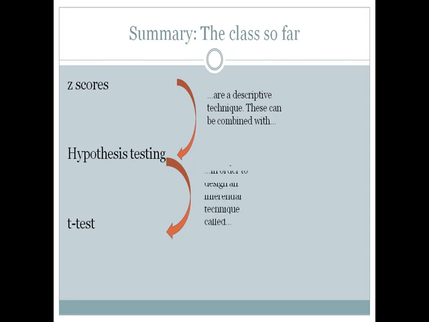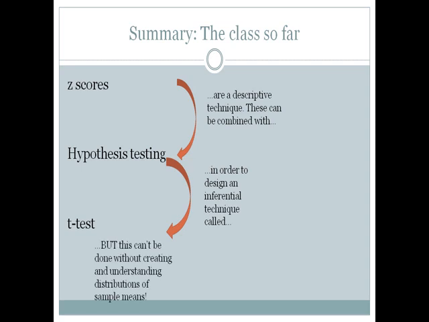We can also combine z-scores with hypothesis testing to create an inferential technique called the t-test that is based on the z-test. But that's getting ahead of ourselves, because before we can understand what's going on in the t-test, we need to understand the distribution of sample means.